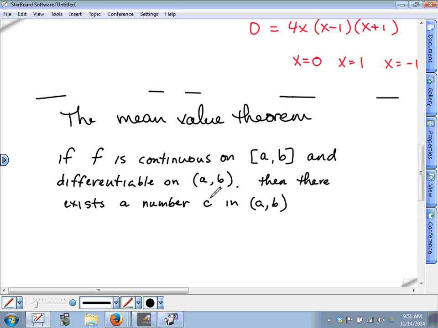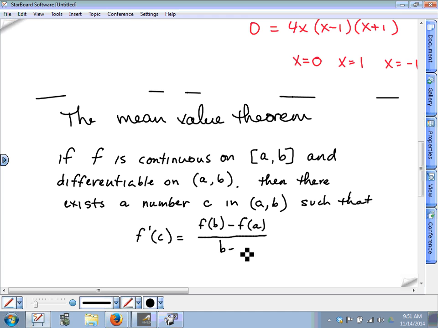So that means C cannot equal A or B. It's between A and B. Such that f prime of C is equal to f of B minus f of A all over B minus A.